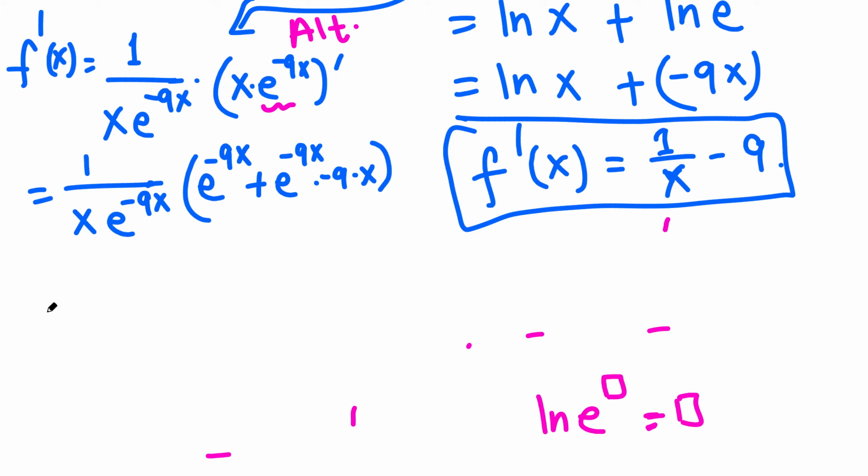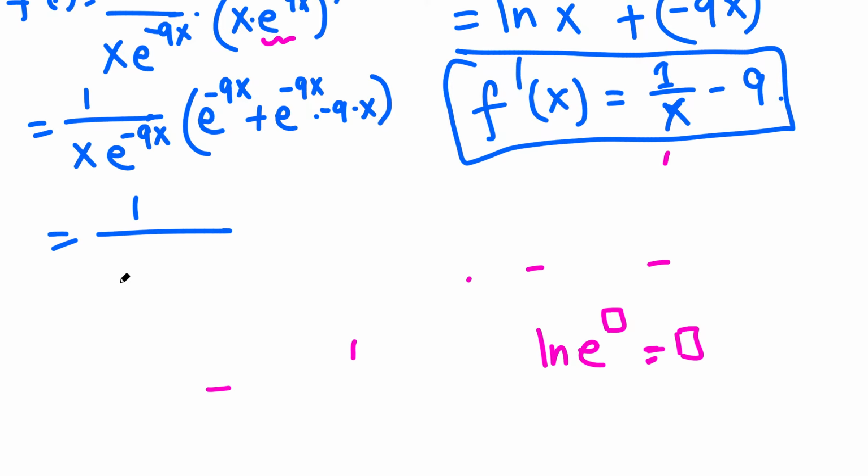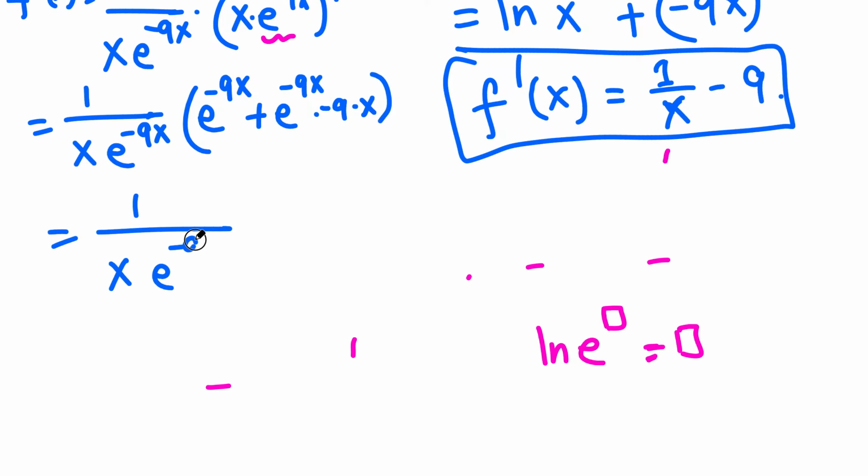Here is 1 over x times e raised to negative 9x. If you look closely, there are two terms. From these two terms, we can factor e raised to negative 9x out. That means in the first term everything is out, so this is 1.